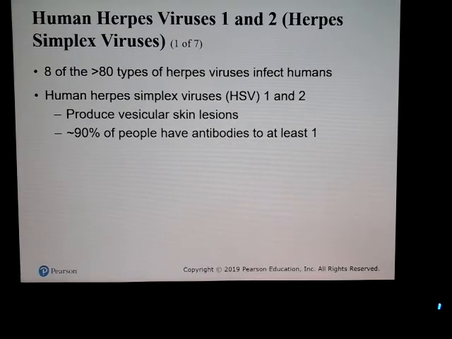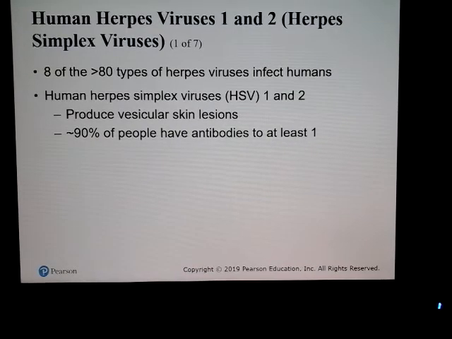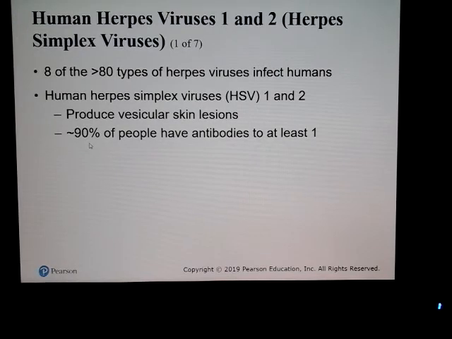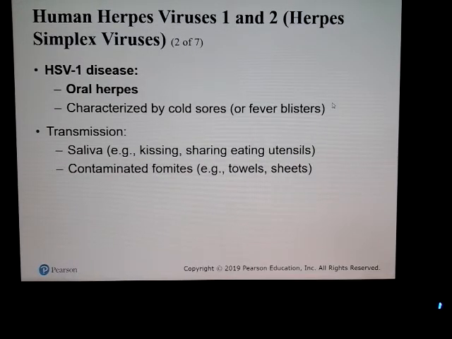Now, herpes viruses 1 and 2 in particular, believe it or not, about 90% of people have antibodies to at least one of these two. And again, once you get a herpes virus, you've got it for life. So please know, guys, for your exam that HSV-1 disease is oral herpes.